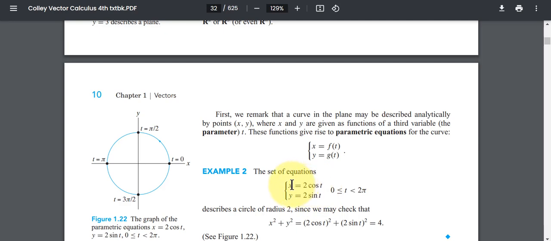So in other words, we get 2 for x and 0 for y. So if we think of that as the coordinates of a point, then when t equals 0, x is 2 and y is 0. And that could be right here. If this distance is 2, then that would be right here. Okay, so we have that.